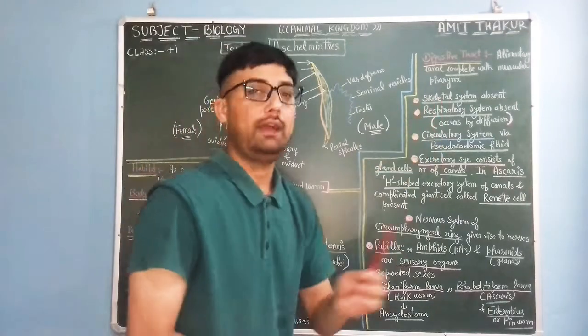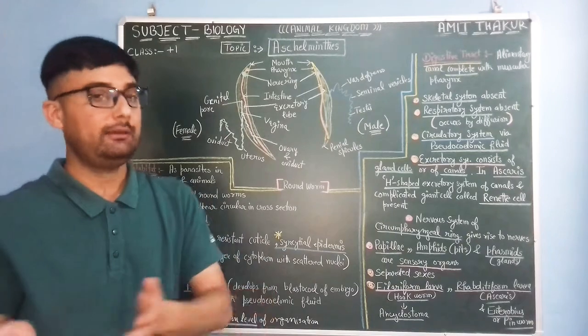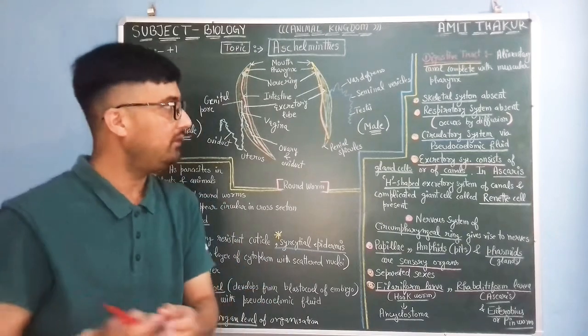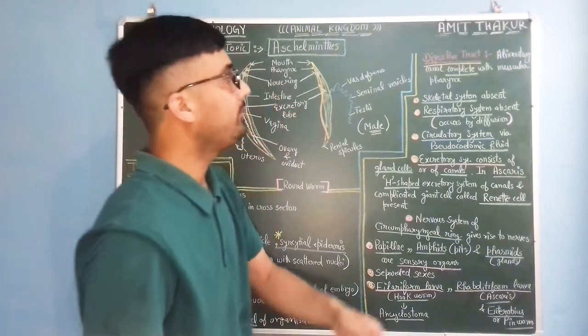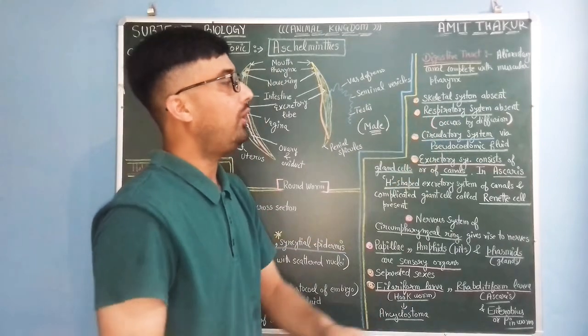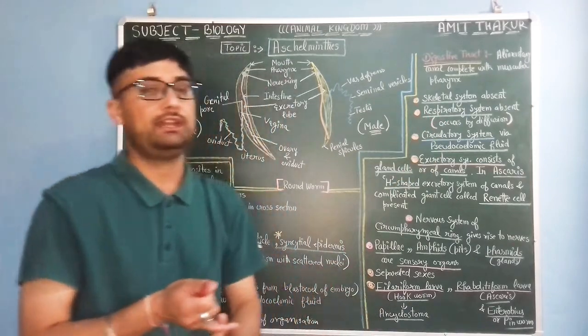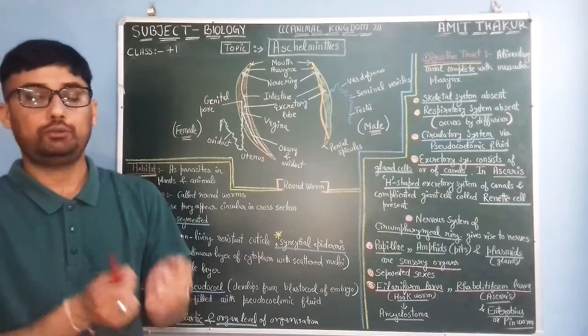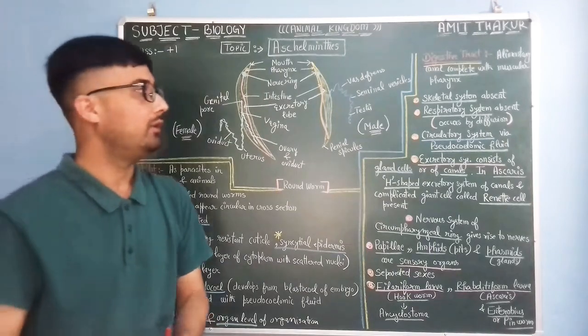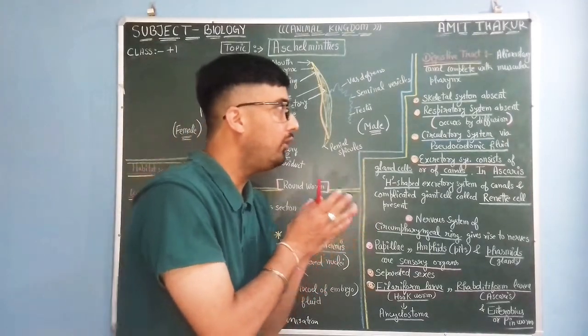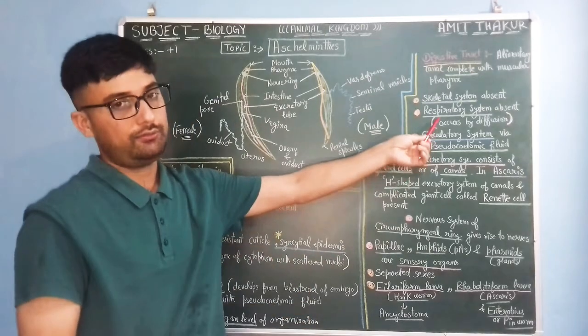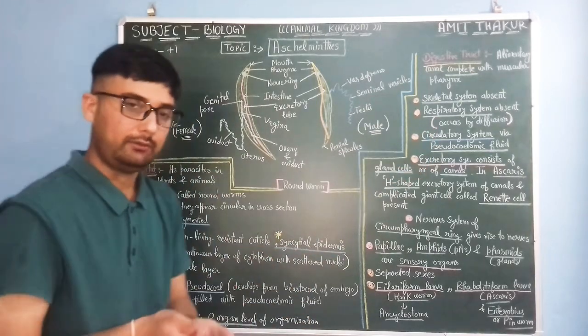The skeletal system is absent. There is nothing like bones as we see in higher animals or chordates. The respiratory system is also absent, but the exchange of gases happens with the help of diffusion. There is no specialized organ to perform the exchange of gases. So the respiratory system is absent.